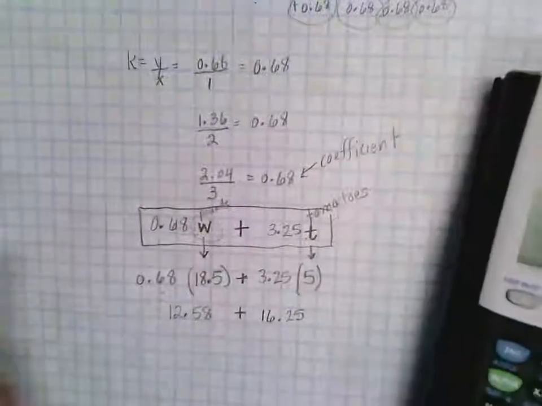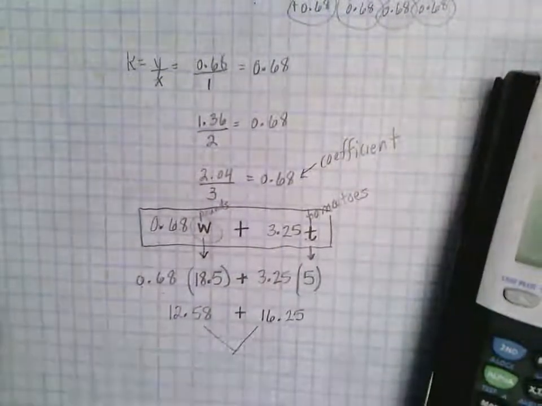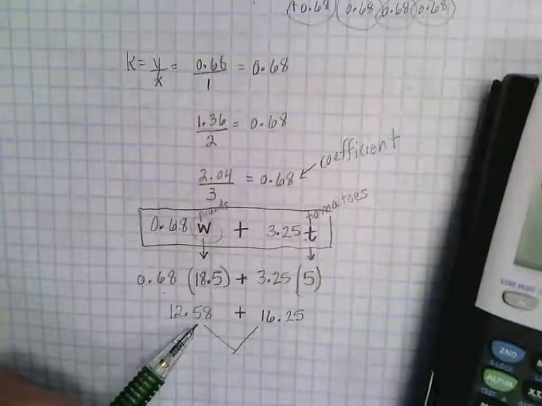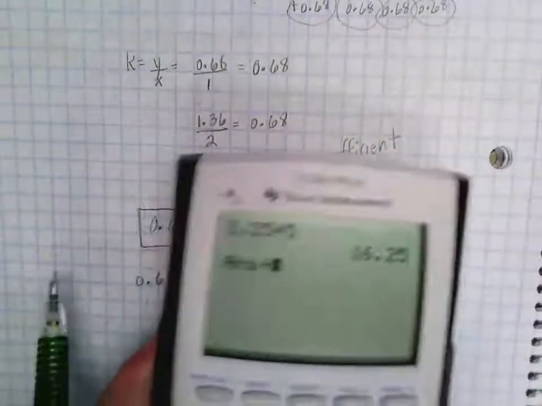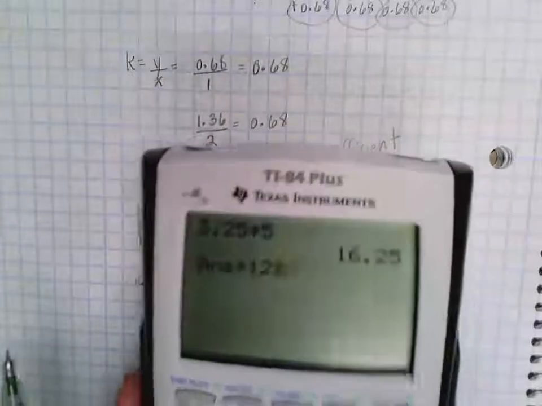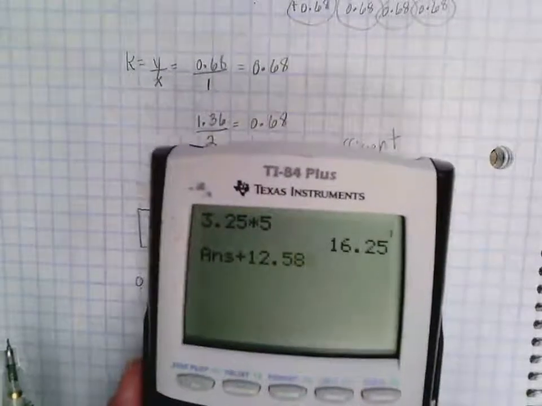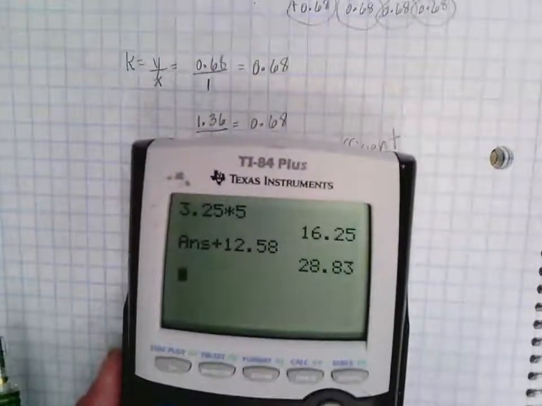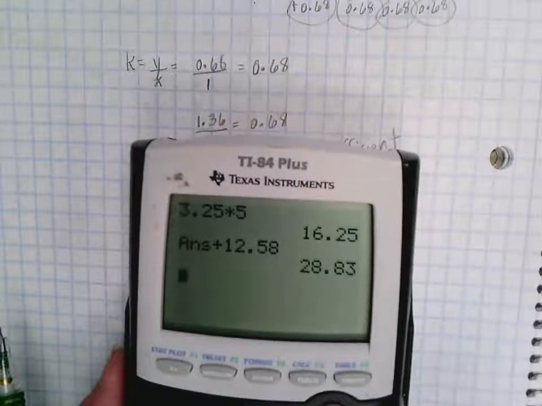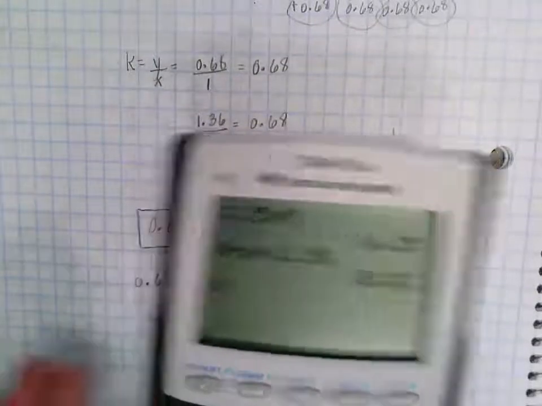And now I can combine them and find out how much my total cost would be. So I'm going to add $12.58 to my answer, and it says my total cost would be $28.83.